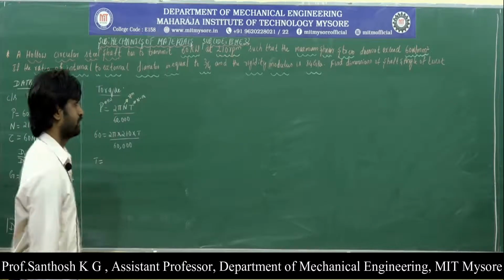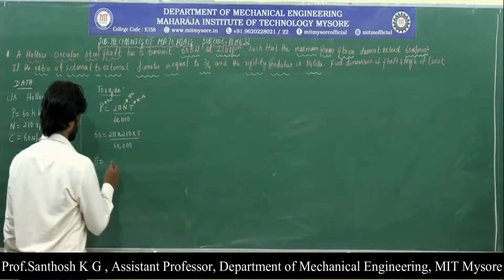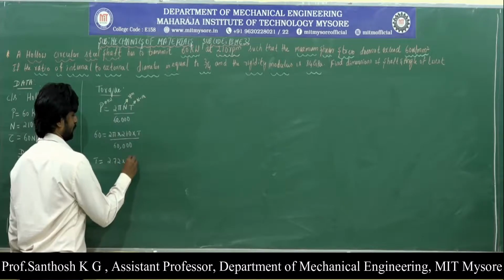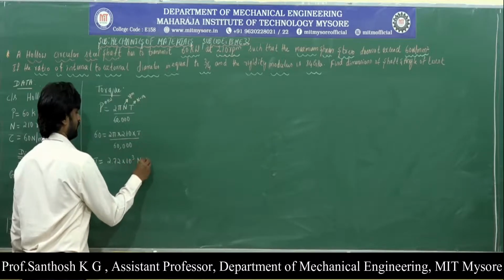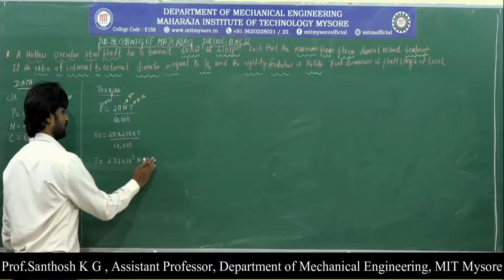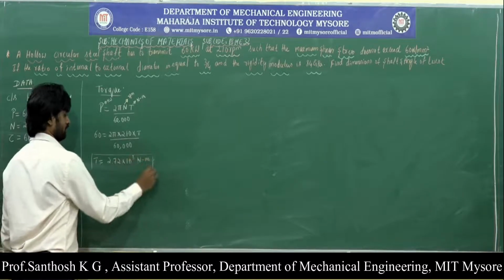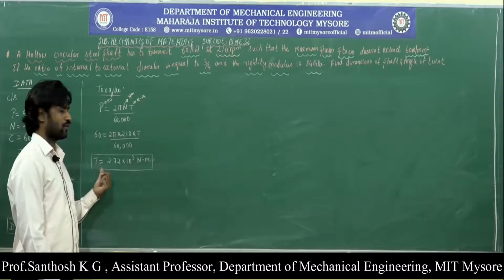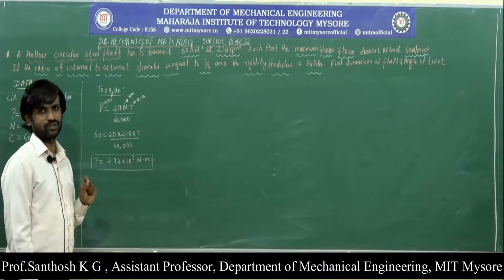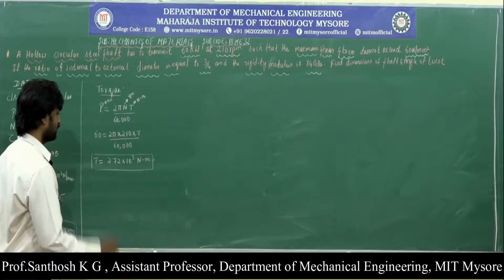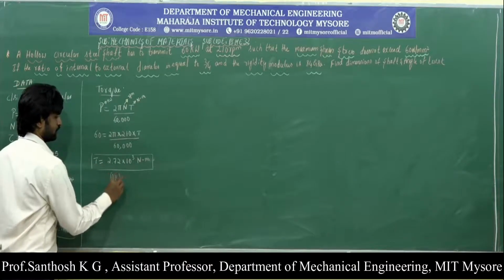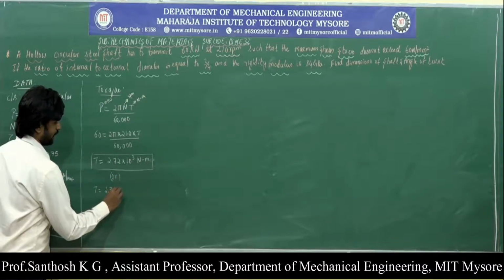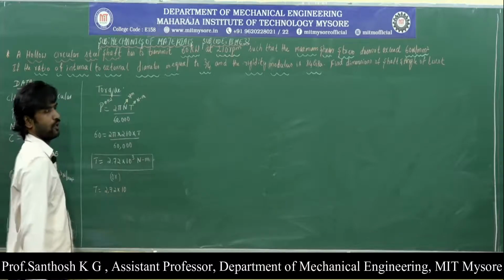We will get the value of T as 2.72 into 10 to the power of 3 Newton meter. But in the torsional equation, I should always substitute the value of torque in terms of Newton millimeter. So I will convert this Newton meter into Newton millimeter by multiplying it by 10 to the power of 3.